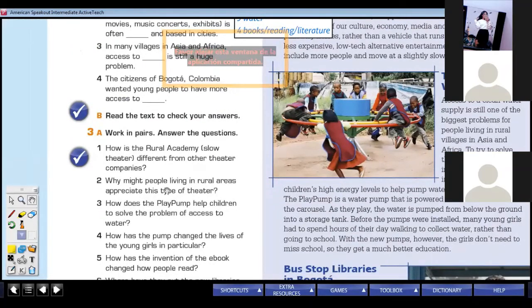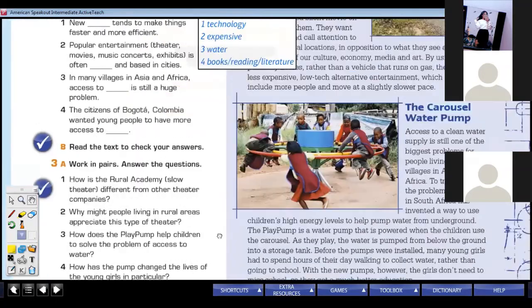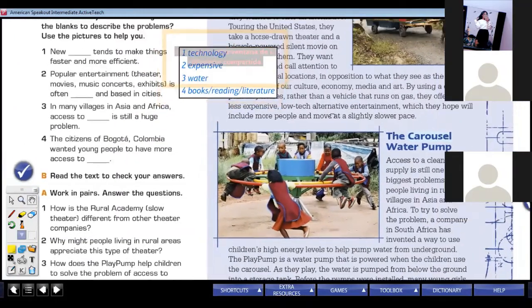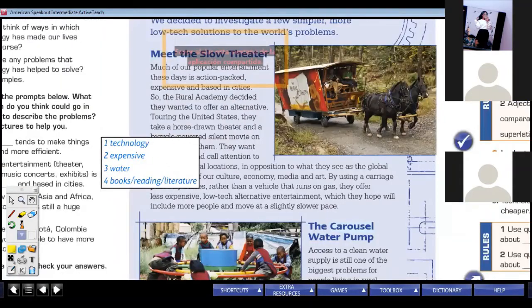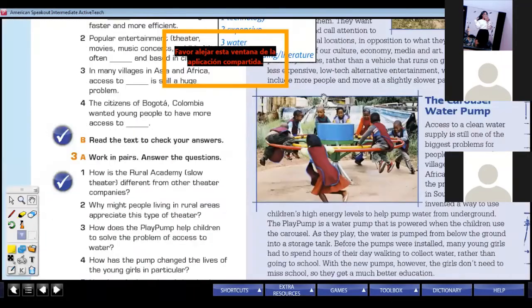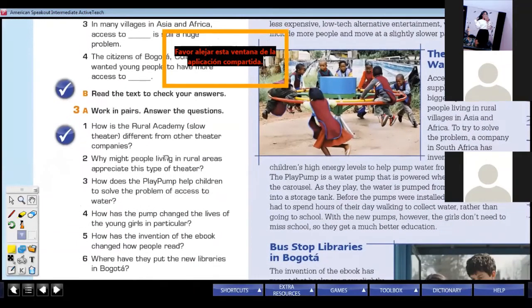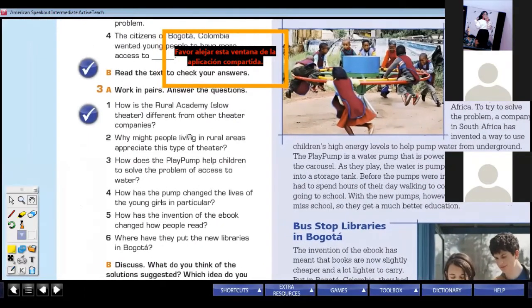How about number 2? Why might people living in rural areas appreciate this type of theater? What do you think?